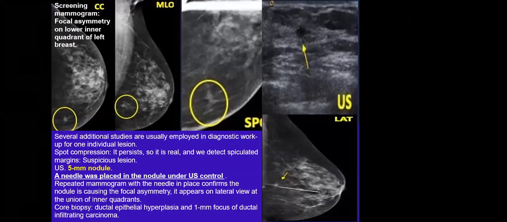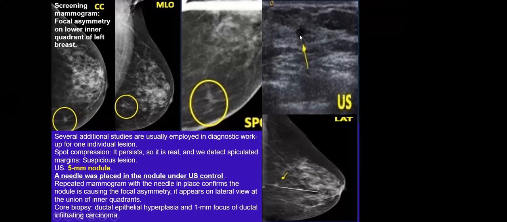Okay, so this patient has focal asymmetry on screening mammography in the lower inner quadrant. On spot magnification, it even appears a little bit irregular with some spiculations. And ultrasound demonstrates a 5 millimeter nodule.